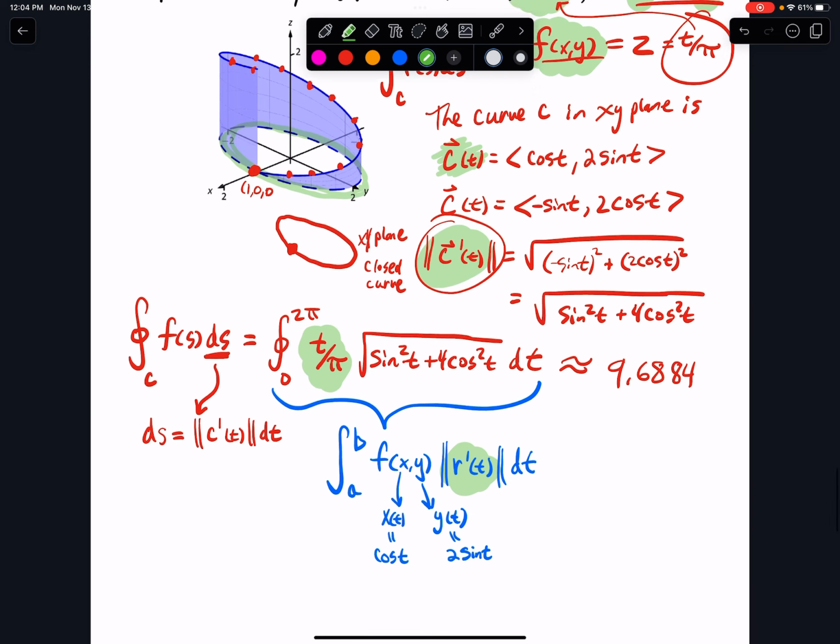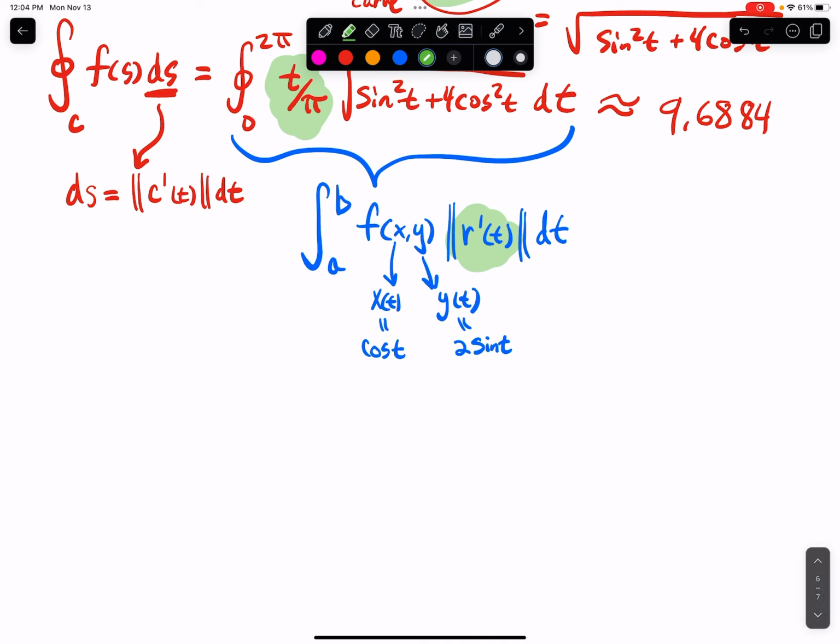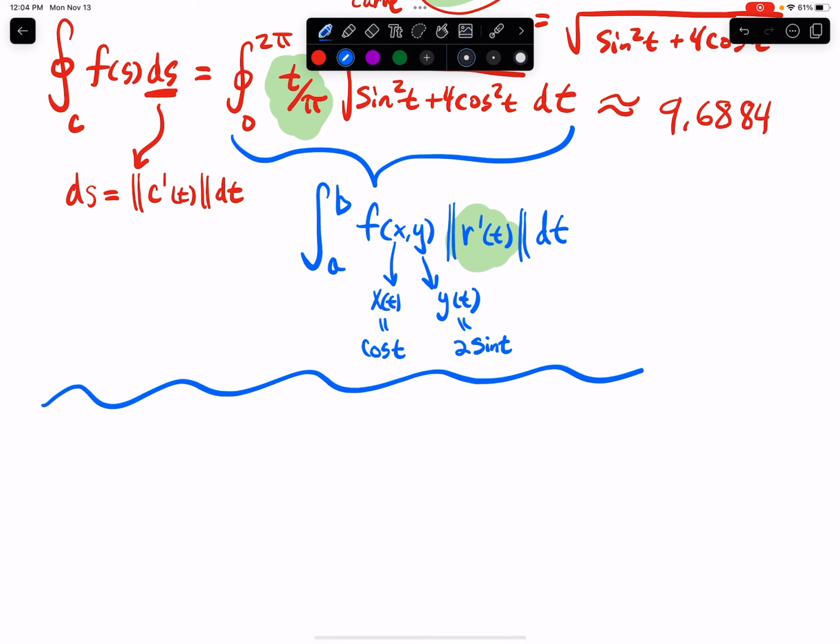Okay, now one last thing I want to point out for this 4.1 section is that you can have a curve. The key here is that you have a curve that is continuously differentiable, which means it's smooth. Differentiable means smooth.